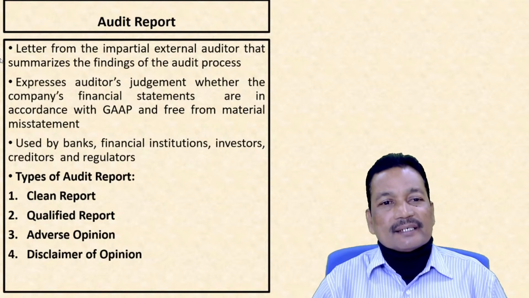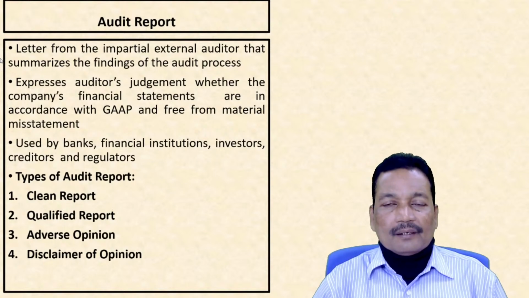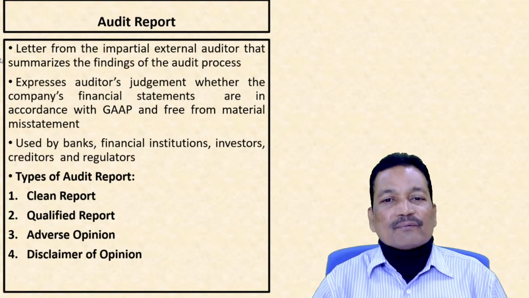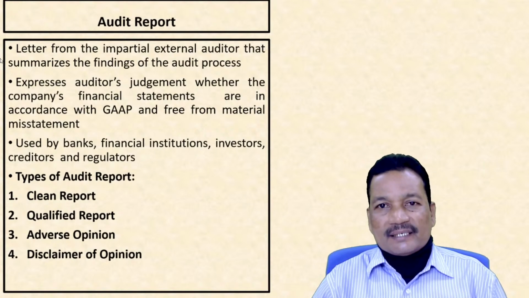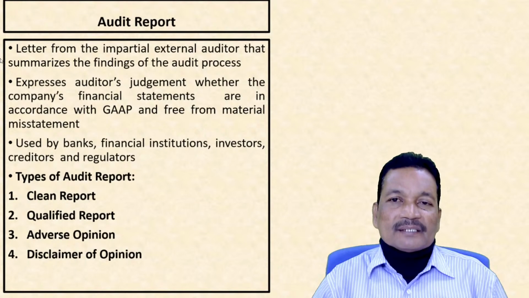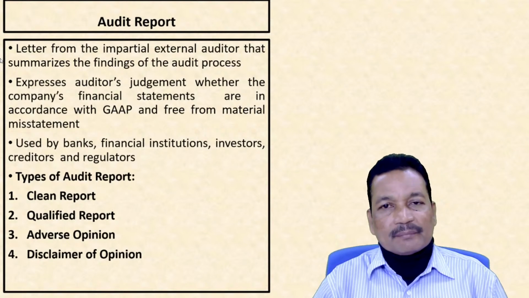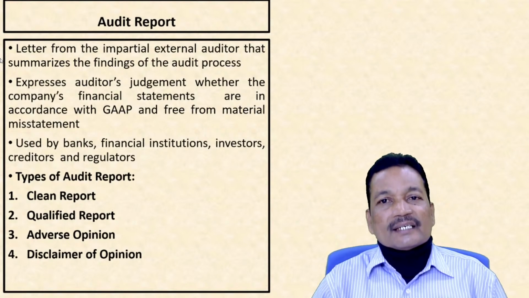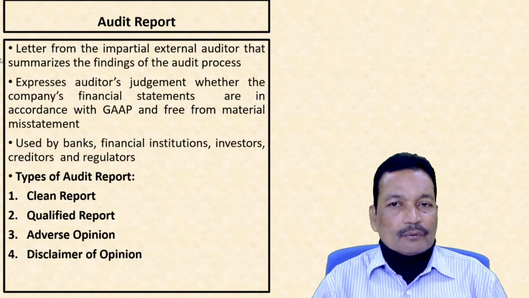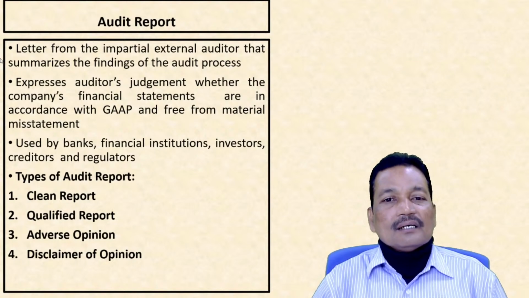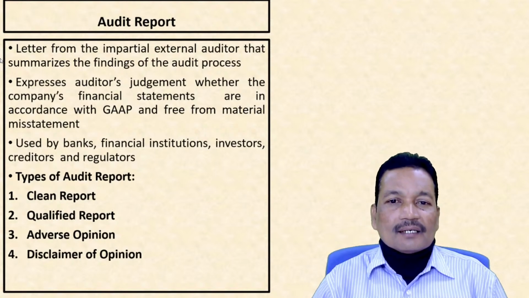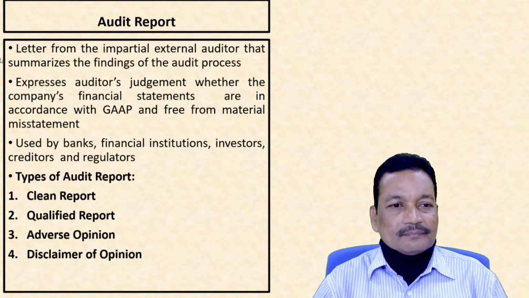Nowadays, it has been mandatory that we go by the GAAP while making our financial statements, and it should be free from material misstatement. That means no wrong information should be given in those financial statements. Now it is the duty of the auditor to check whether there are any kind of misstatement or not in the financial statements.